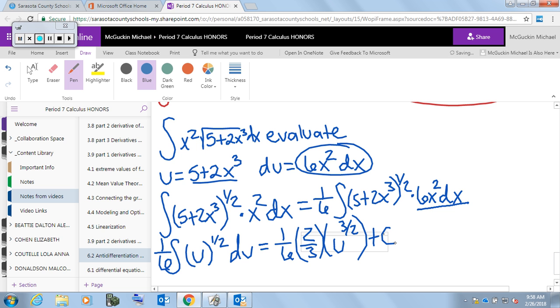And now it just comes down to replacing, what we have been doing already in the past. So 1/6 times 2/3 simplifies down to 1/9. Replacing u, so 5 plus 2x cubed to the 3/2 power, and then our constant of integration, because it is not an exact evaluation there.